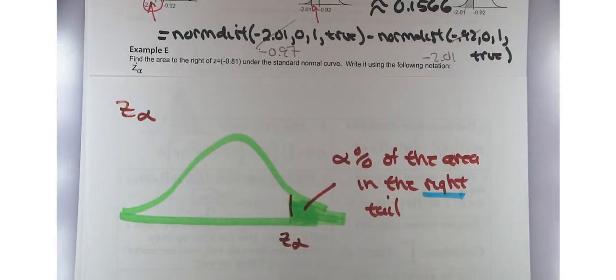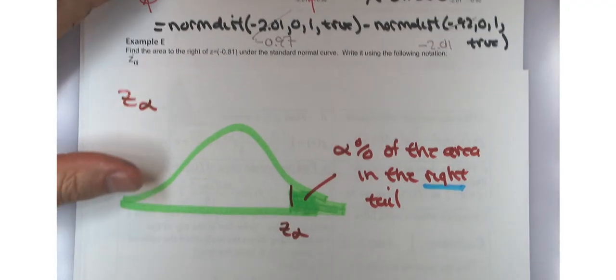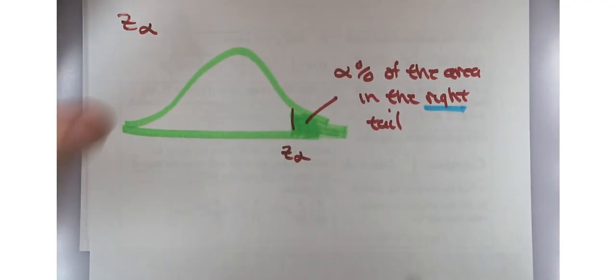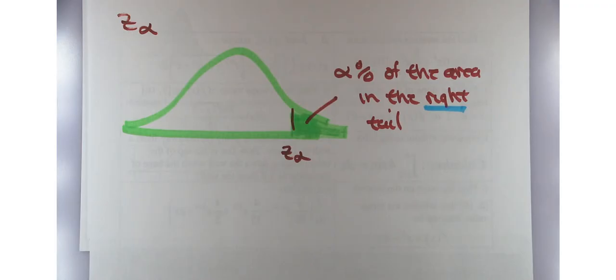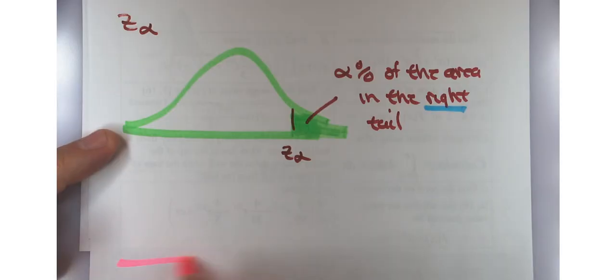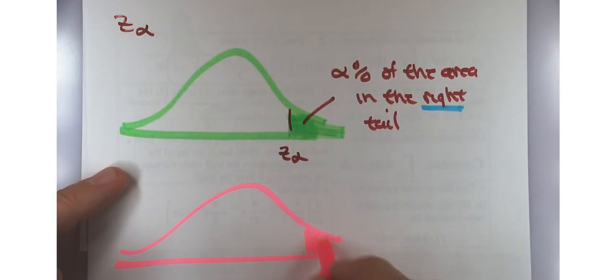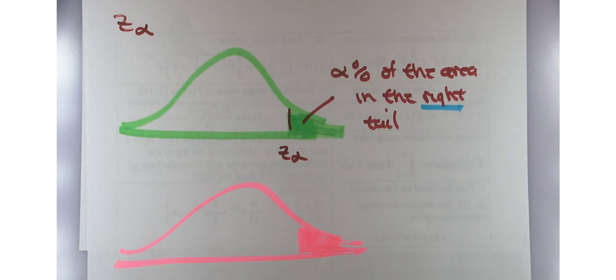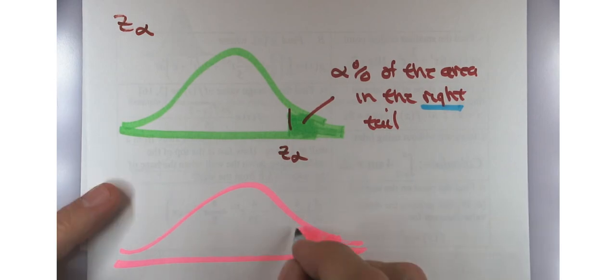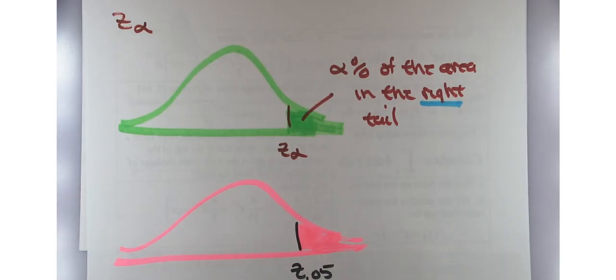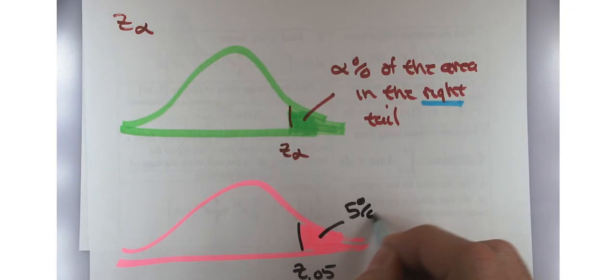So let me show you the drawing of a couple of values. Z sub 0.05 is a common one that we have to find. Z sub 0.05 is going to be the point with 5% of the area in the right tail.